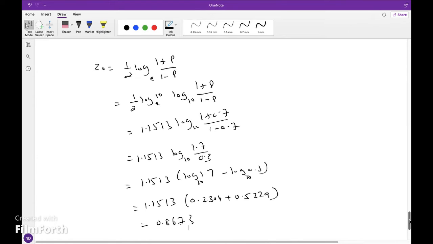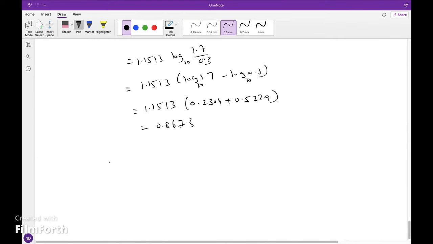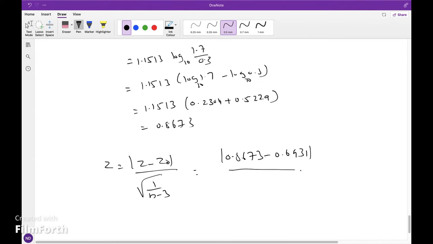So Z is equal to modulus of (Z minus Z naught) divided by the square root of 1/(n minus 3). That is 0.8673 minus 0.6931 divided by the square root of 1/(n minus 3).